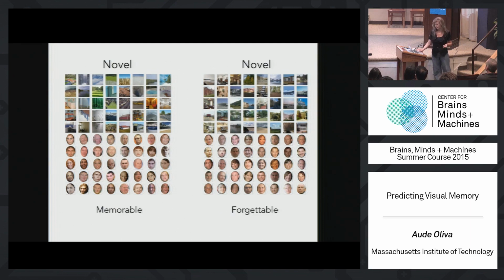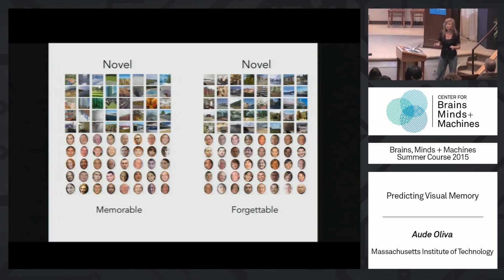We split it that way between the memorable and the forgettable set. In those sets, every image is novel. So exactly like in the memory experiment, we could show them one time for half a second. So you had the perception level. You're in a perception experiment. You saw those images one after the other only one time. All those images are novel.